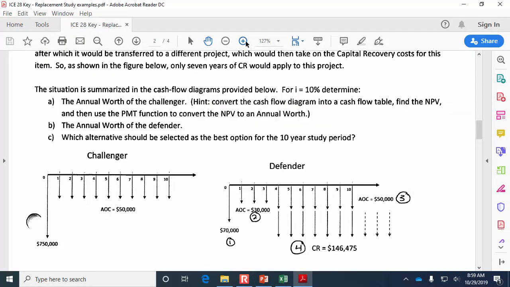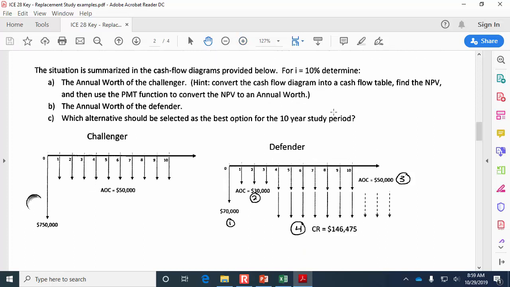So when you have a complicated cash flow diagram like this defender, I think it's a good habit to try and identify the different pieces. You can see that I've broken it up into a single present value amount, this small annual series of 3 years, another annual series of years 4 through 10, but it's shifted, so we're not going to be able to spread it out over A in a single move.